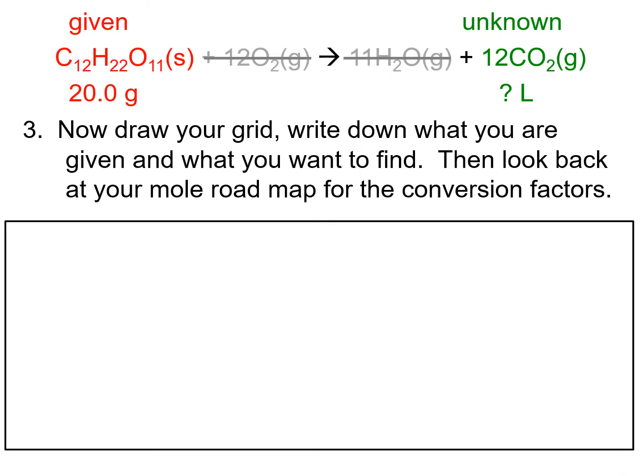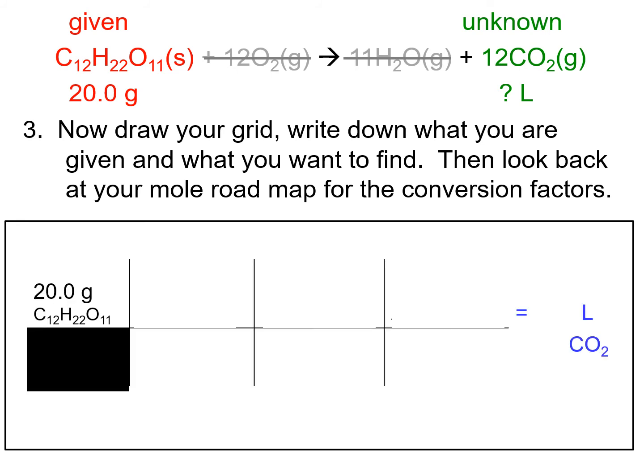So if we do it in the grid method that I've shown in the earlier videos, it would start out like this. We'll write 20 grams of sucrose in the first box. We'll write liters of carbon dioxide, our unknown, way over on the right-hand side. And now we need to do a series of conversions.